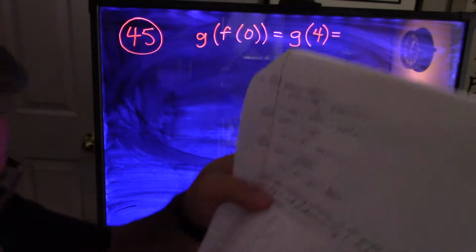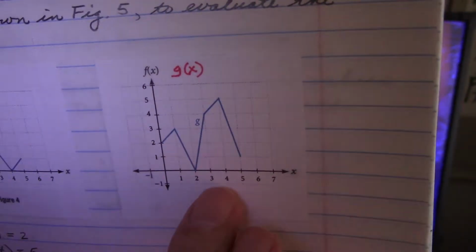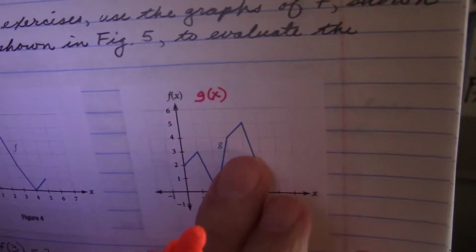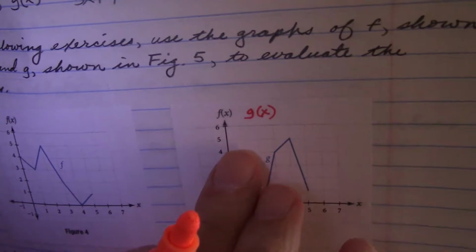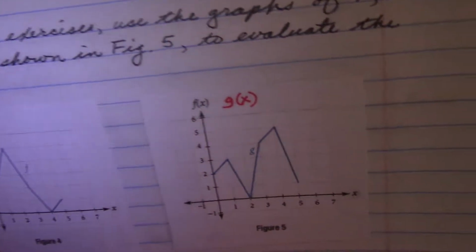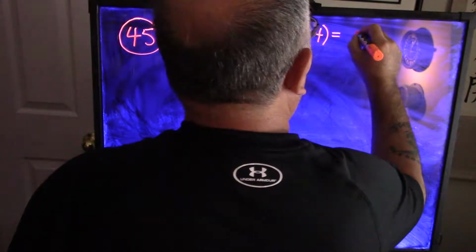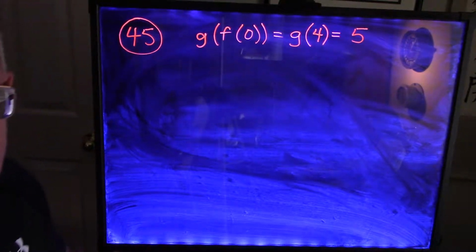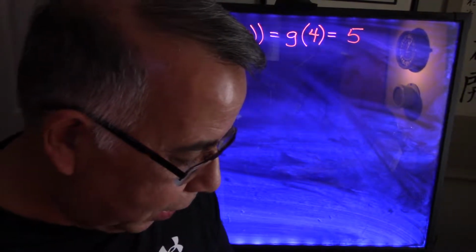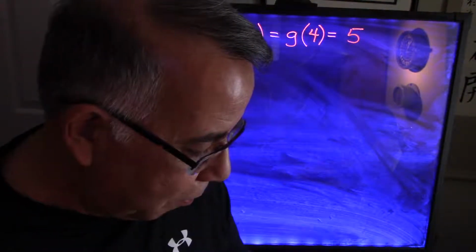Now what's g of 4? Look on g. G of 4 is right up there. That looks like 5. G of 4 equals 5. So the end result is 5.